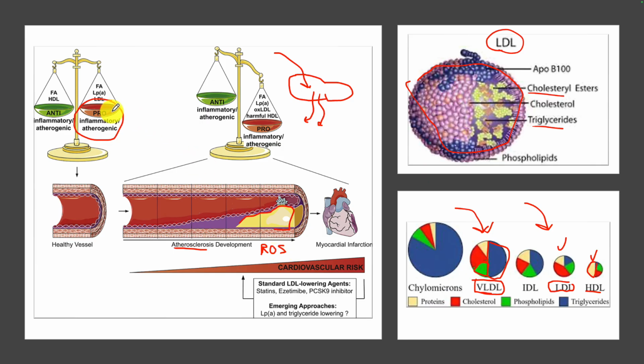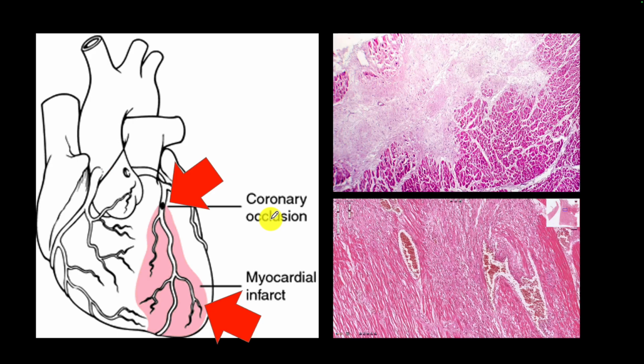So all of these things will contribute to this plaque formation, and this kind of sets the stage for myocardial infarctions. And again, this blockage or this plaque formation can occur in any one of these arteries, right?